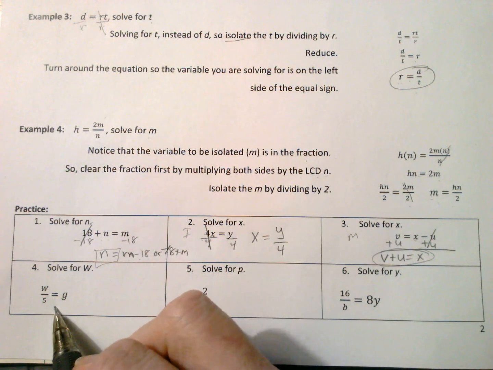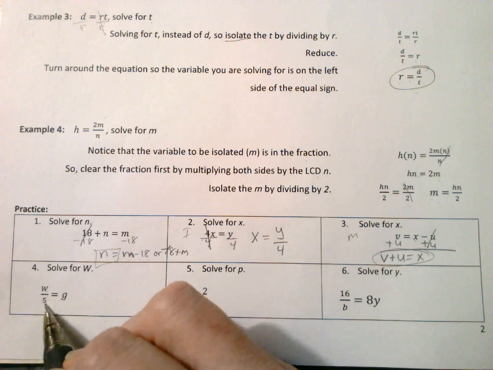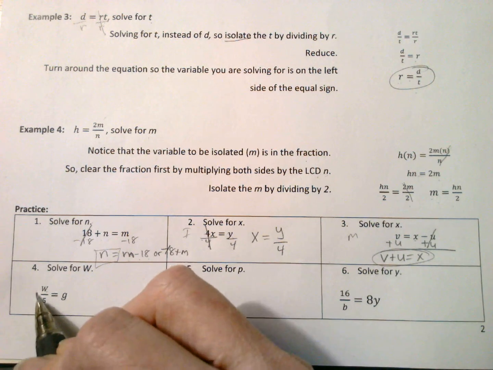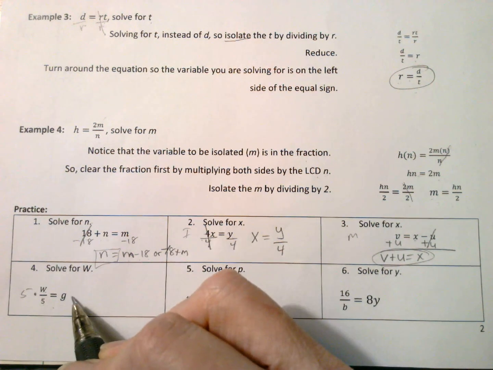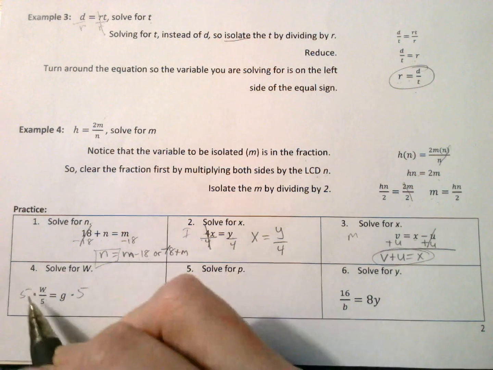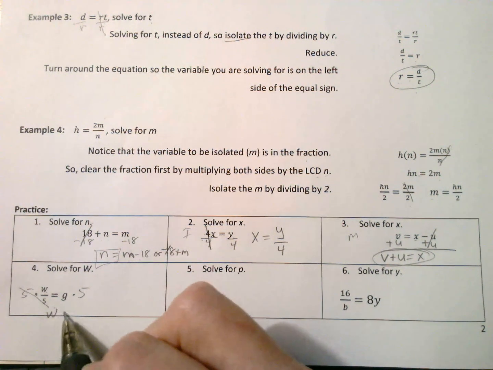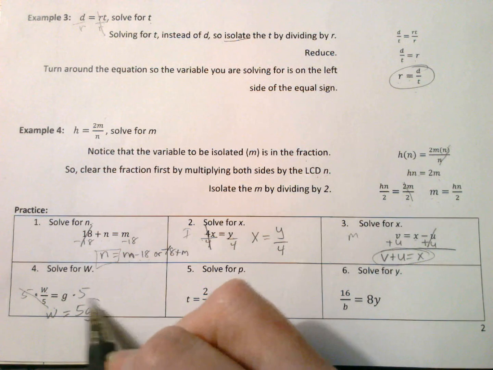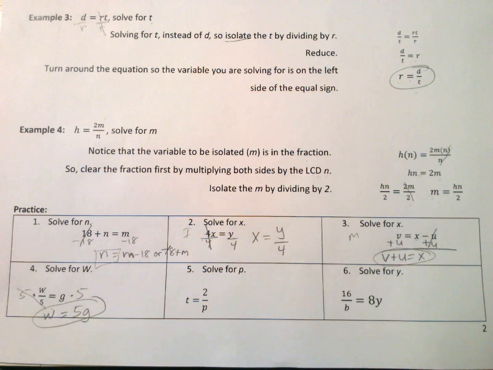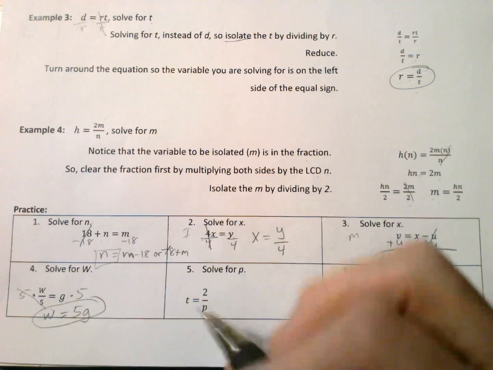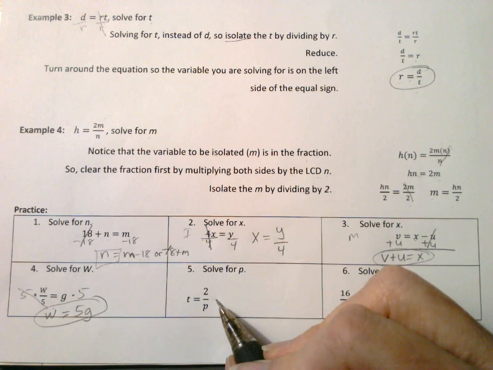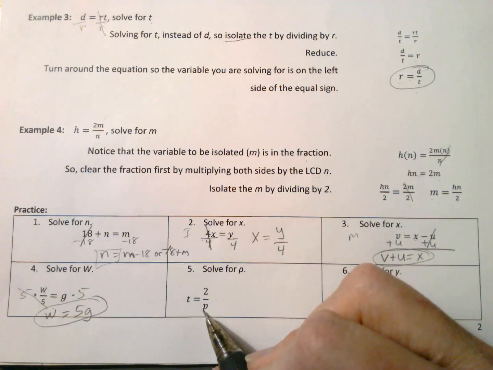This one here, I'm solving for w. It's in a fraction with a 5. So if I multiply by the LCD, which is 5, right? That's going to give me w equals 5g. That looks better. You can put g5 if you want. It's the same thing. Let's see. Solving for p is down here, so this one's a little strange.